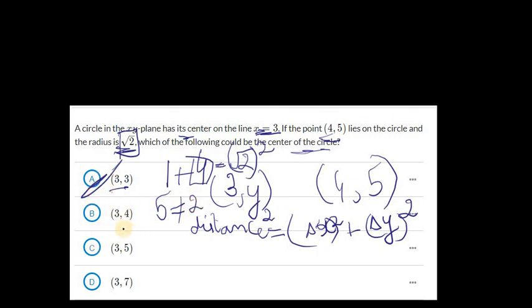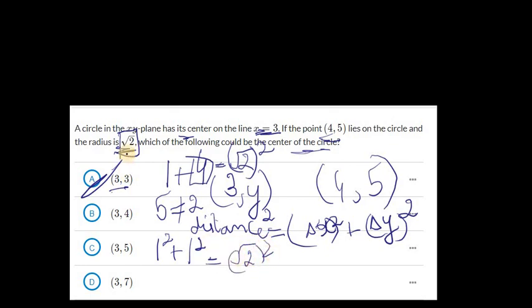For the second one, once again, we're going to do the same. The difference between the x coordinates is a 1, plus the difference between the y coordinates is also a 1, and I wrote a 1 here because 1 squared is also a 1, plus a 1 squared, and this is equal to the square root of 2 squared.